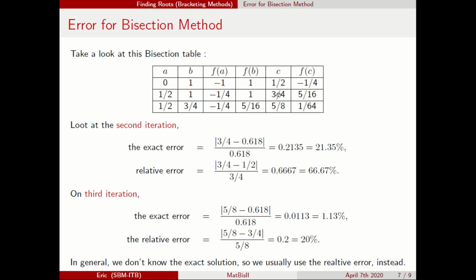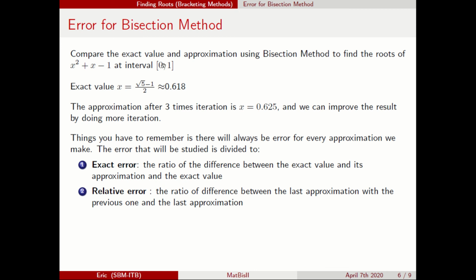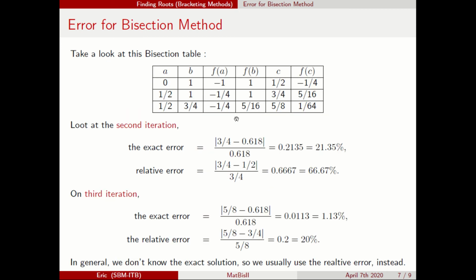So the exact error is your approximation 3/4 minus 0.618, the exact value, divided by the exact value, that is 0.2135. So you have a 21% exact error.